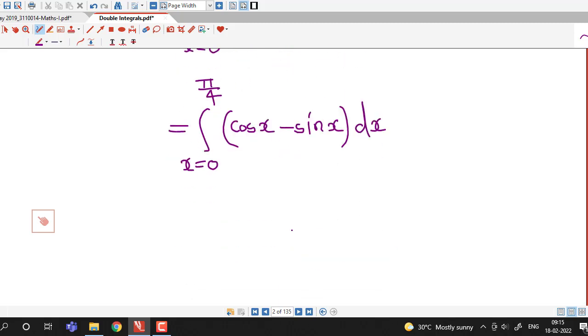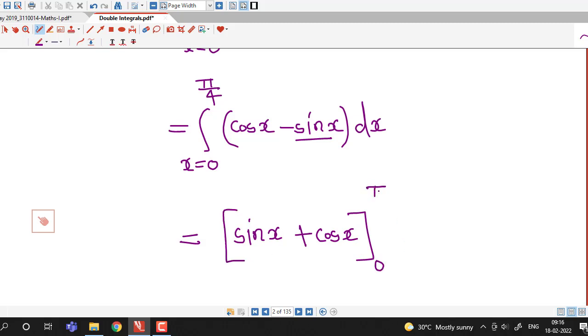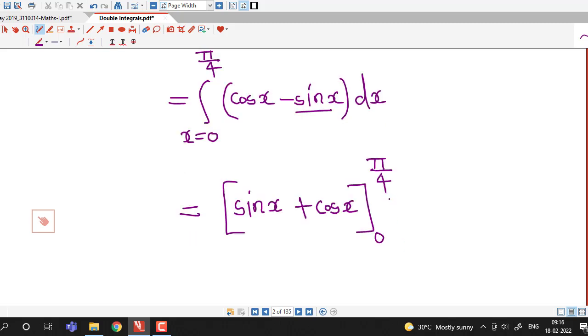Now this is a problem of a function of only one variable. Integral of cos x is sin x and integral of sin x is minus cos x. So negative negative positive, we have sin x plus cos x. Limits of x are from 0 to pi by 4.